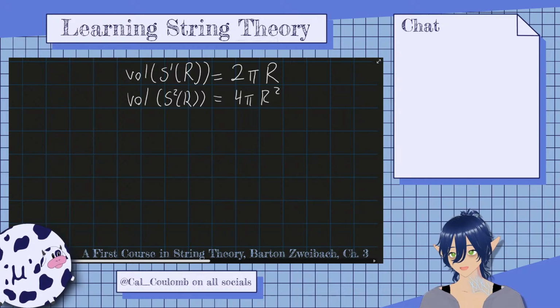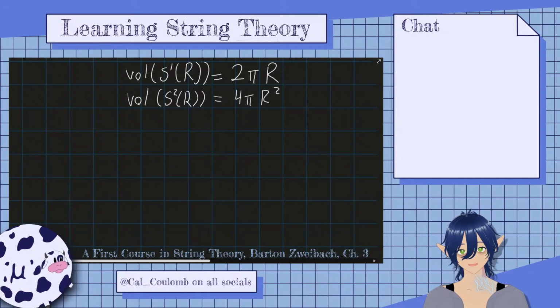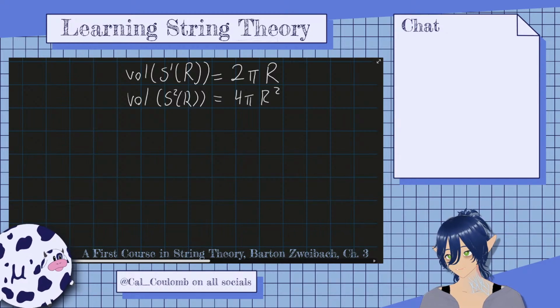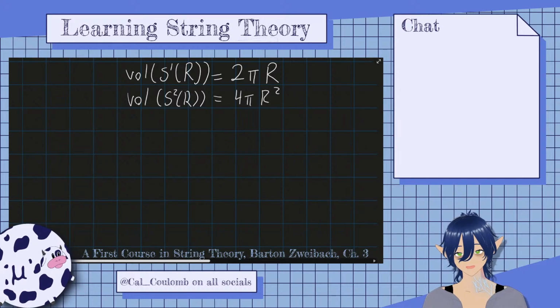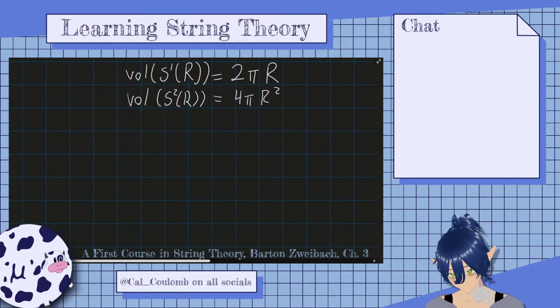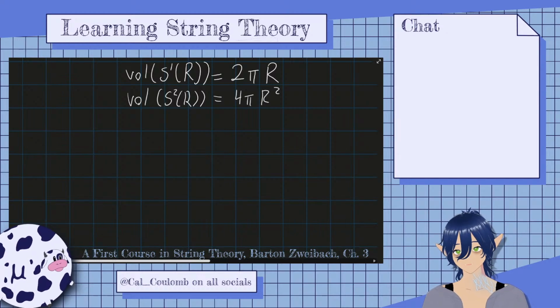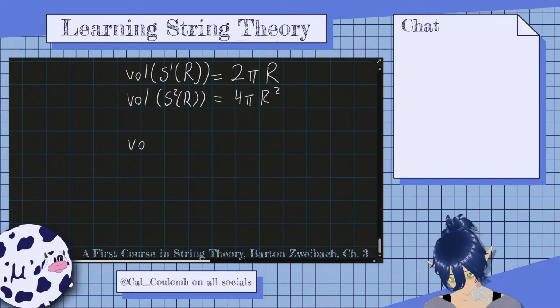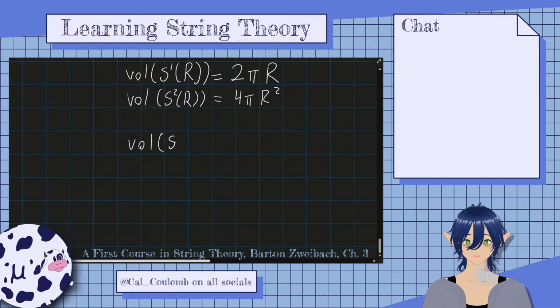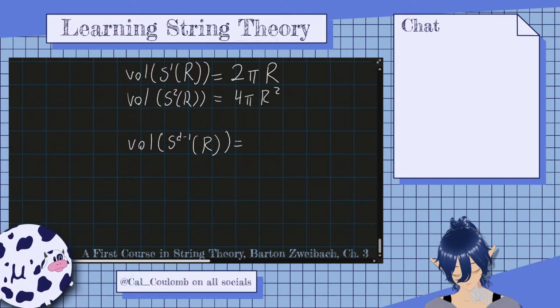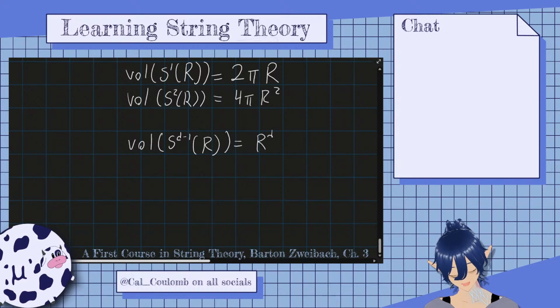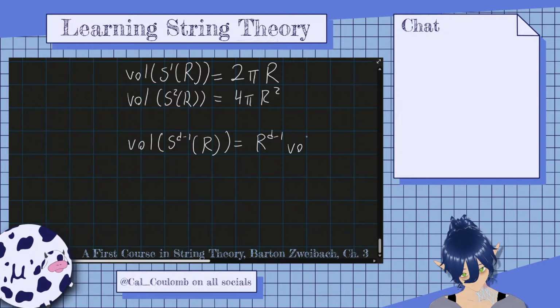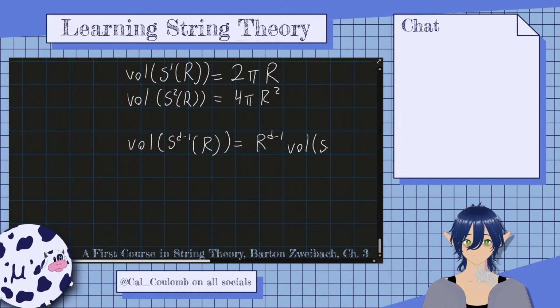Since volume has units of length to the power of the spacetime dimension, the volume of a sphere of radius r is related to the volume of a sphere of unit radius by: the volume of S^(d-1) of r is equal to r^(d-1) times the volume of S^(d-1).